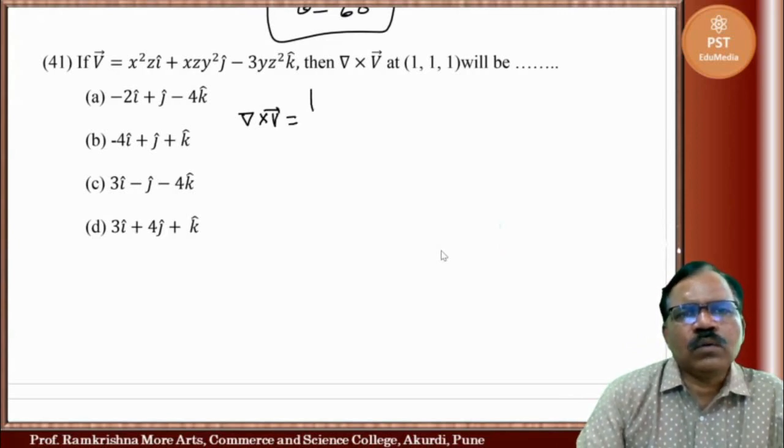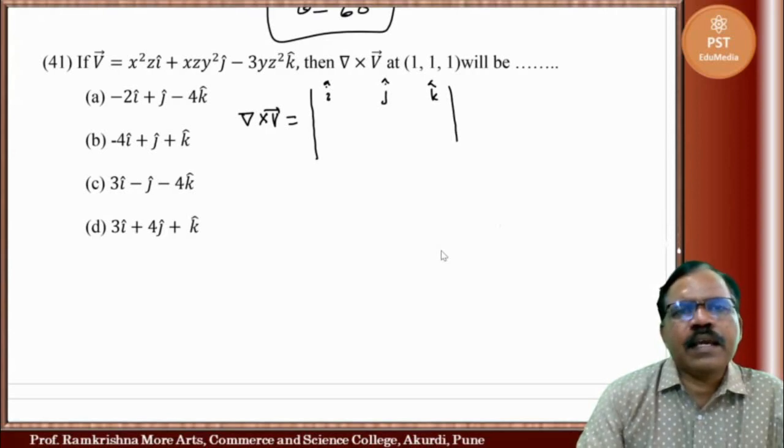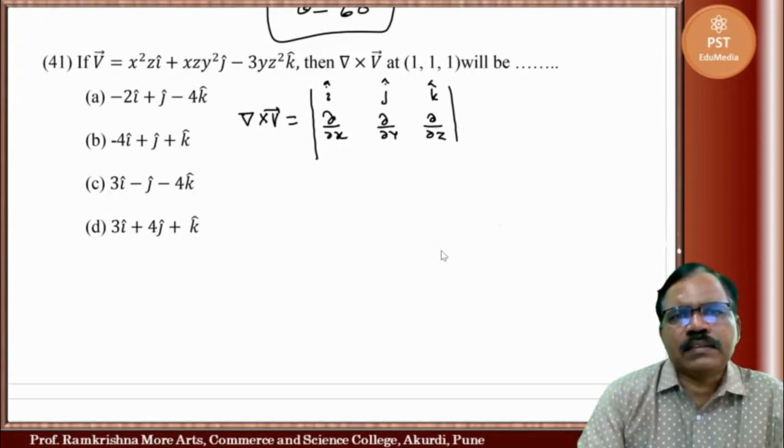It is equal to the determinant with i, j, k, then del by del x, del by del y, del by del z, and then the components x squared z, x z y squared, and here minus 3y z squared.